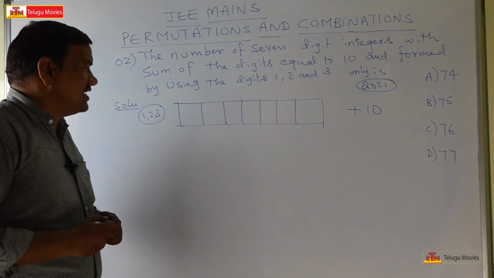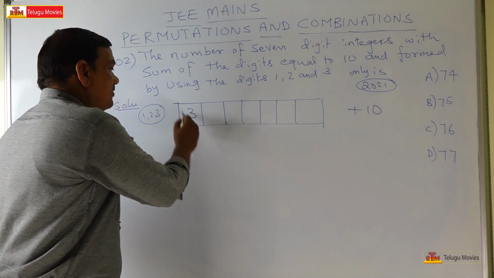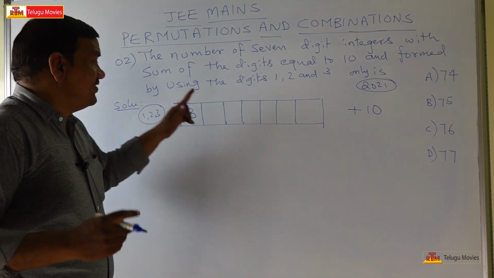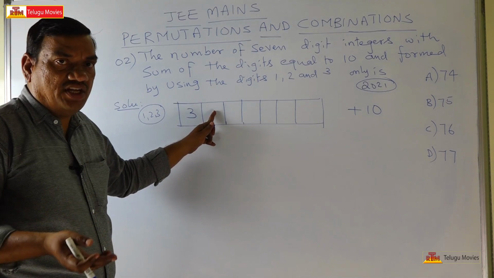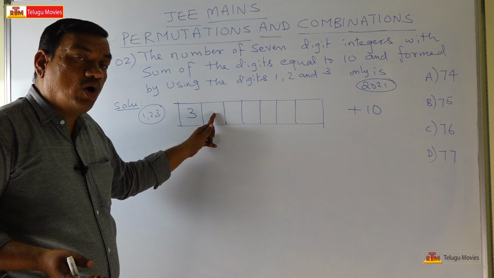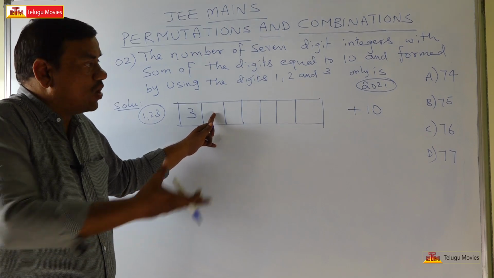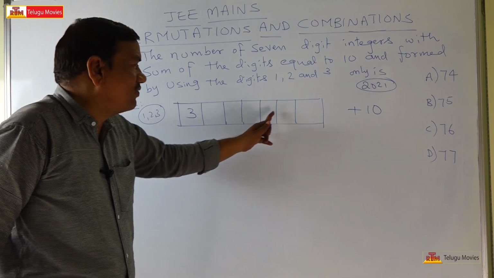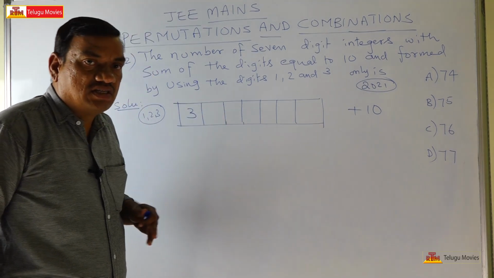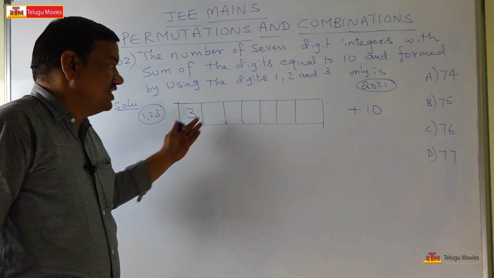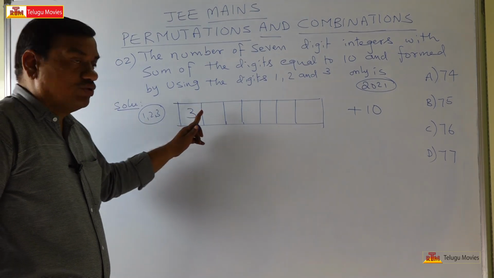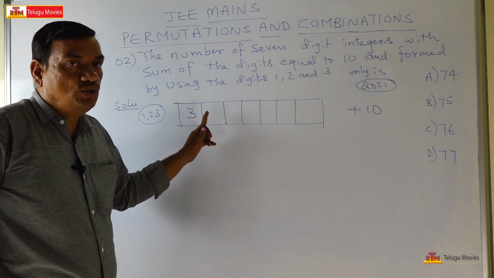In the first case, I will take 3 as the first digit. If I take 3 here and again 3 here, 3 plus 3 is 6. That means out of the sum 10, 6 is gone. If I put 1, 1, 1, 1, 1, five ones are 5, and 6 plus 5 gives the sum 11. So you should not use 3 here.